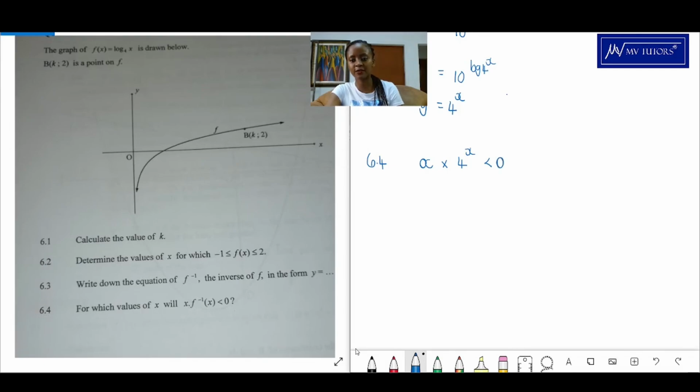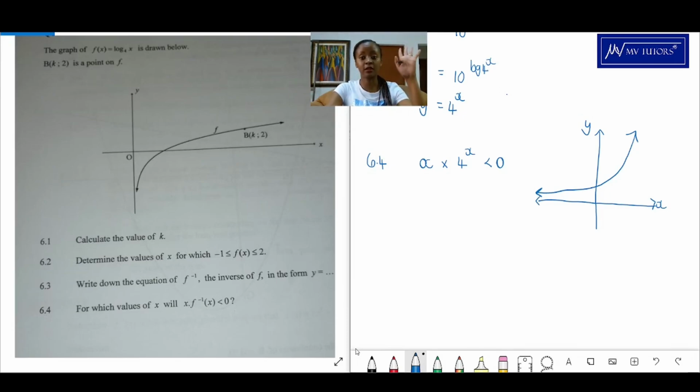If you were to sketch for yourself what y is equal to 4 to the power x looks like, basically it's a graph like this, where the x-axis acts as your asymptote, and on the y-axis the graph can really just go on and on up there.